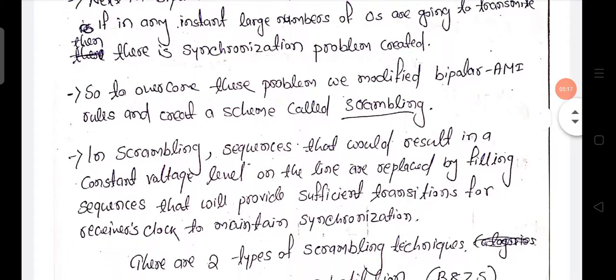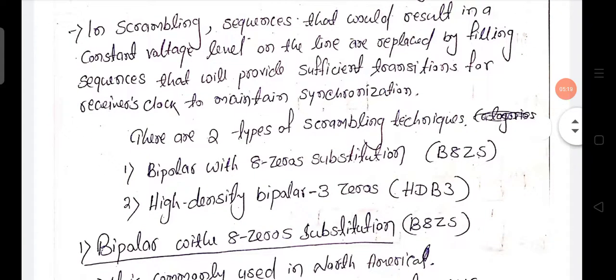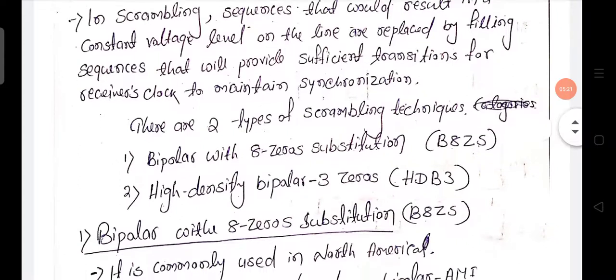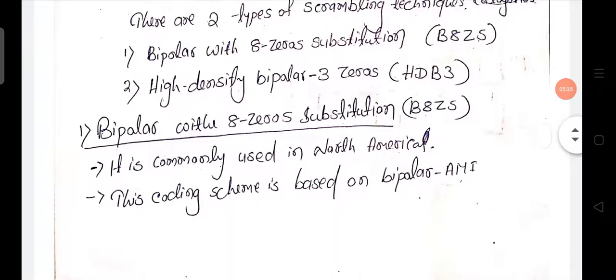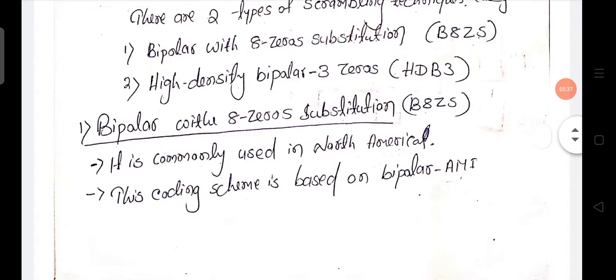There are two types of scrambling techniques. One is bipolar with 8-zero substitution, which is B8ZS, and the second one is high density bipolar 3-zero, which is HDB3. Now let us discuss bipolar with 8 zeros substitution.